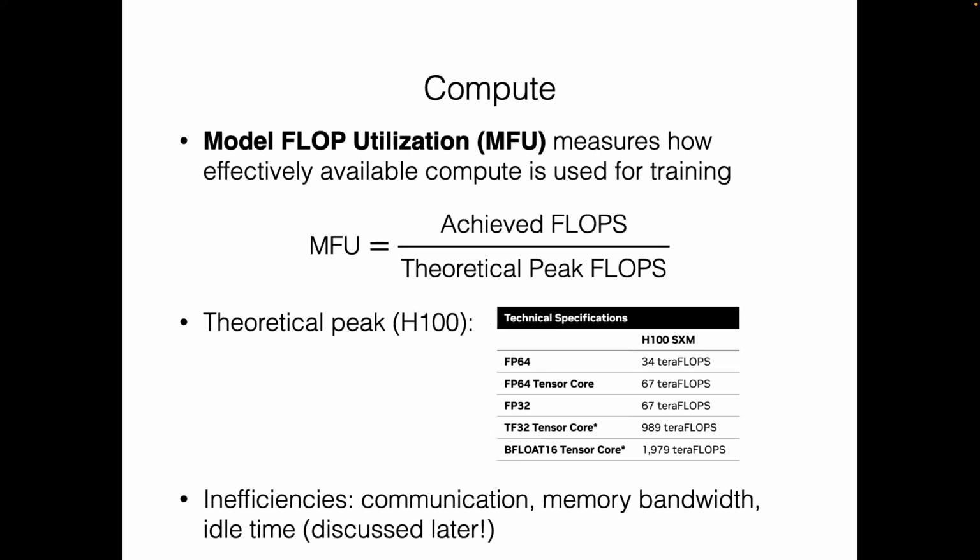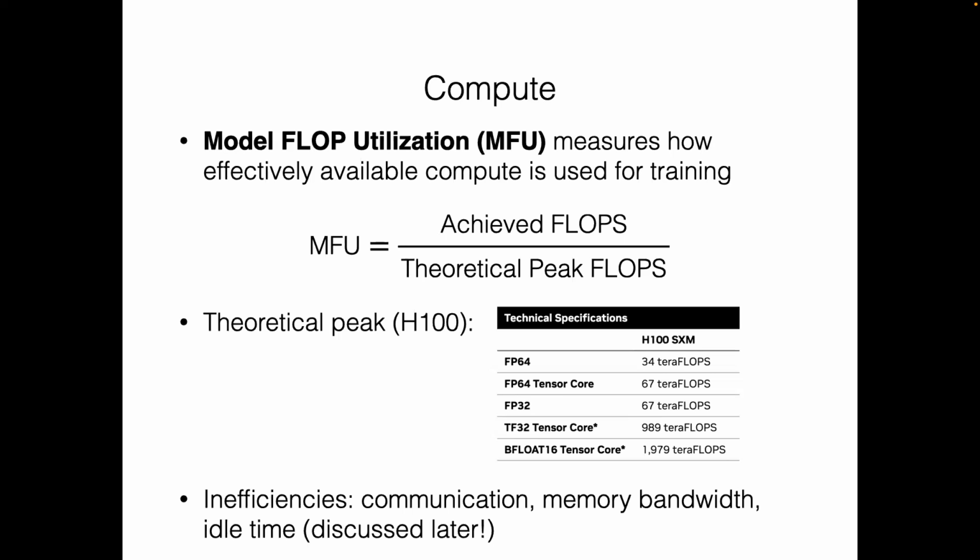This becomes relevant when we think about executing operations on a GPU in a given amount of time. Here comes in the metric we saw on that visualization slide, called MFU, or model FLOP utilization.